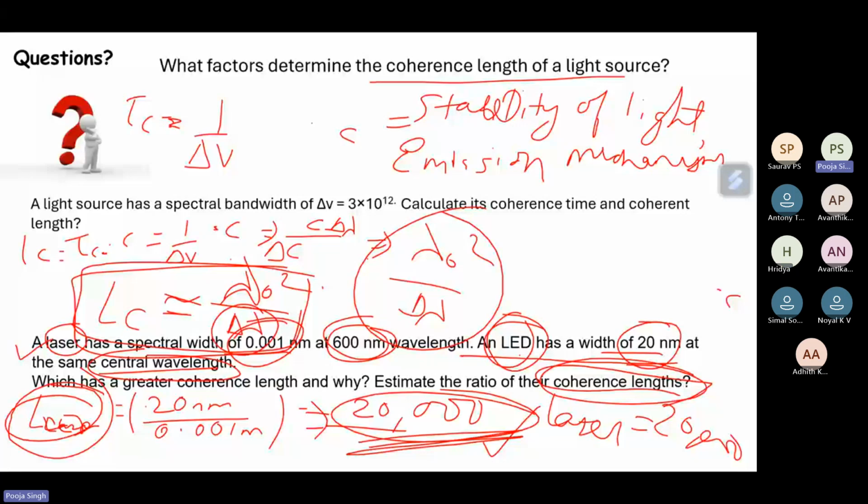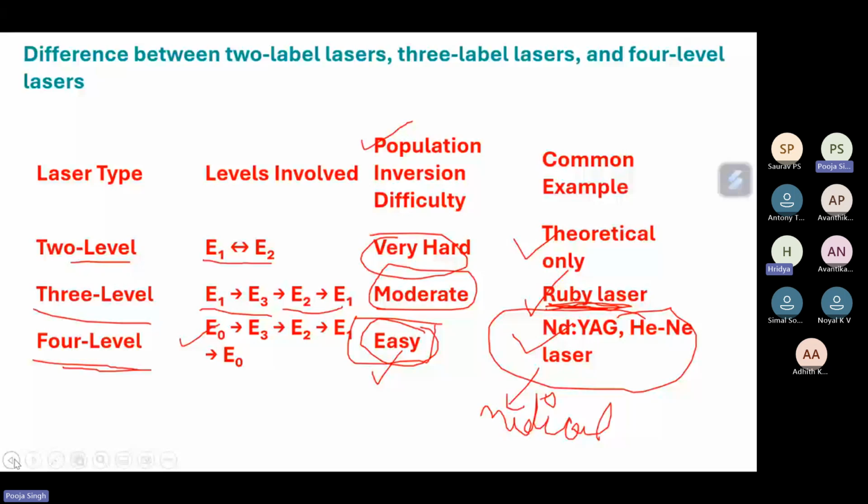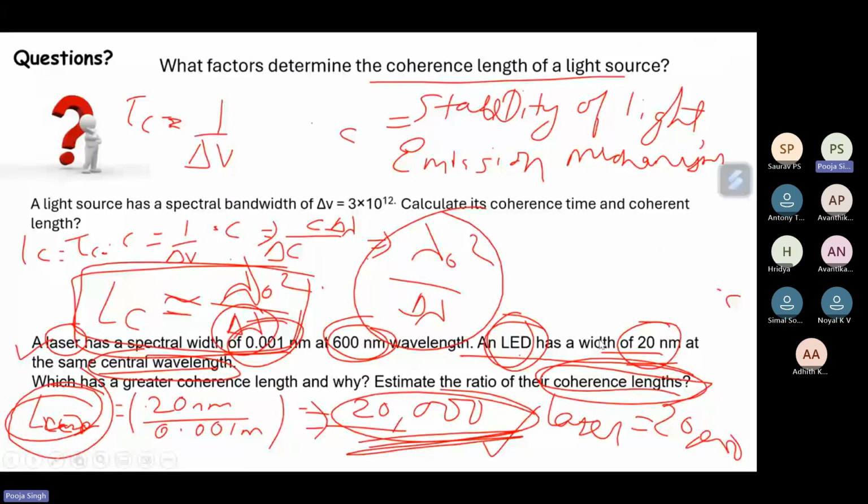The formula basically comes from the frequency width of laser, which we have studied, right? Which slide? Delta F is equal to C delta lambda by lambda square. Yes. So from here only directly I have taken it, but you don't need to solve that formula. I thought it would use that formula, but it was not required because you have to calculate only the ratio. So estimating the ratio of the coherent length, just divide by this and this. Okay.